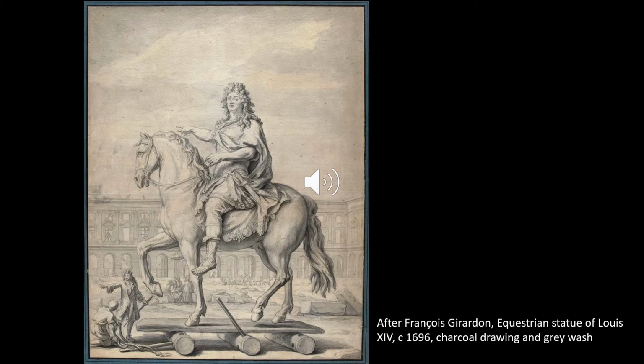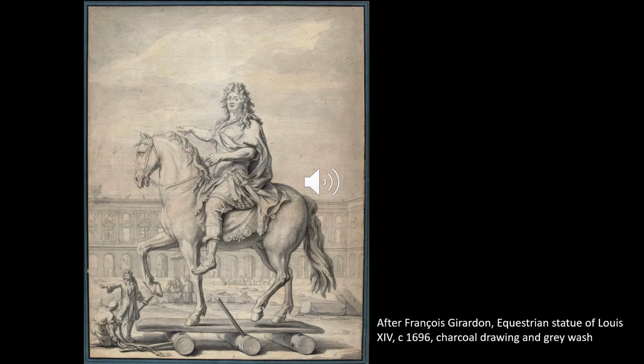Now, King Louis XIV, a king that you'll come to know quite well in this class, agreed to be portrayed in this equestrian statue a few years before the sculpture was made, in 1692, a time when France was at war against the so-called League of Augsburg, an alliance of European nations, quite a scary alliance.